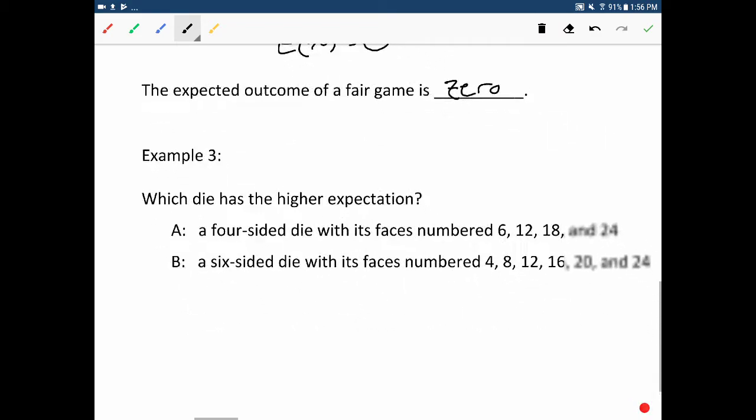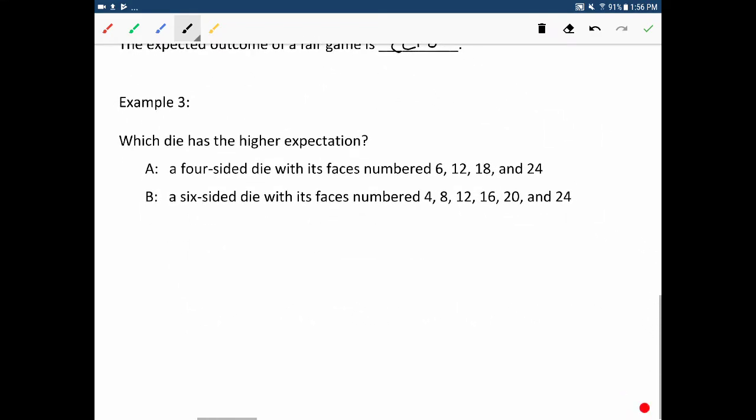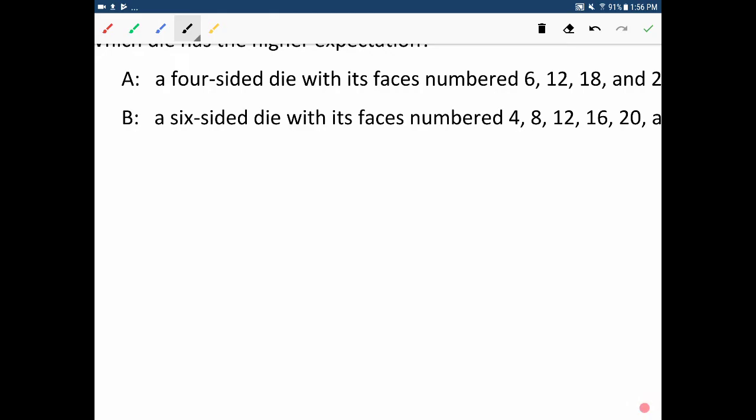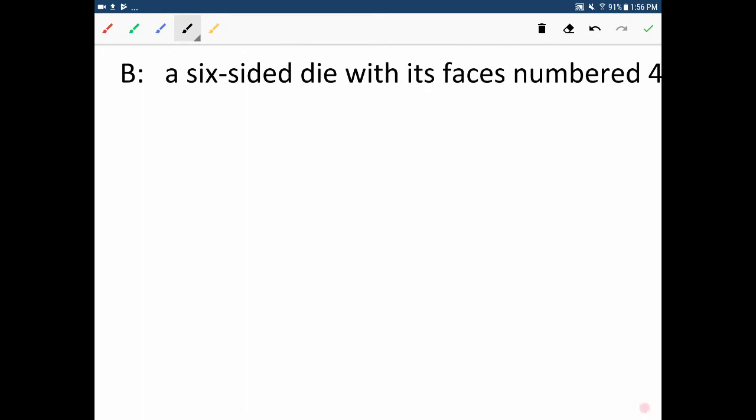All right, so which die has a higher expectation? We've got a 4-sided die that has 6, 12, 18, and 24 on it, or a 6-sided one that has 4, 8, 12, 16, 20, and 24. Which one do we expect to give us a higher number? They're pretty close, so it's difficult to say by looking at it. So we're going to write out the distribution.